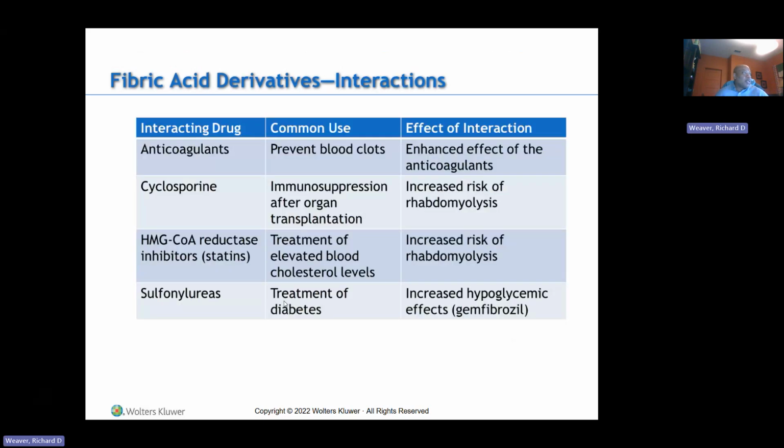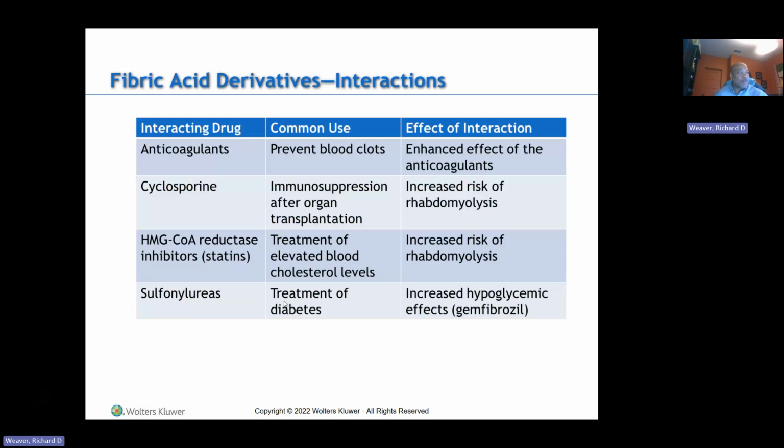Take a look at your interaction table again. Anticoagulants prevent blood clots, but given together, you have enhanced effects of the anticoagulants, which means that these patients might bleed. If it's given with cyclosporine, we use these drugs for immunosuppression after organ transplantation, liver transplant, kidney transplant, and so forth.